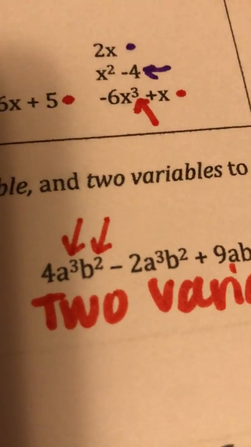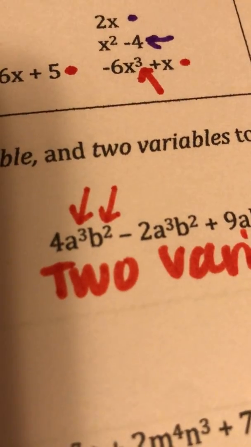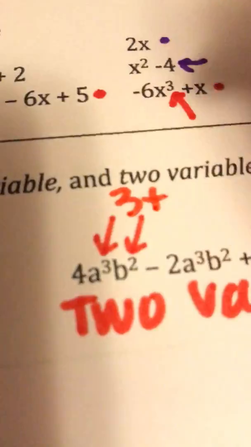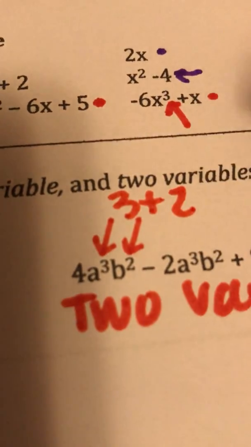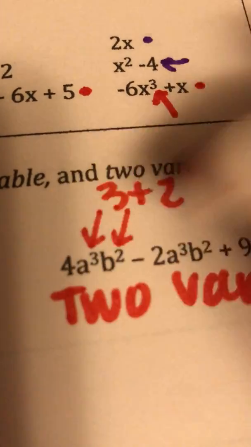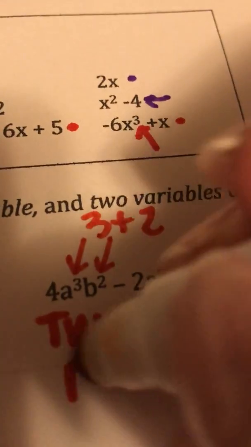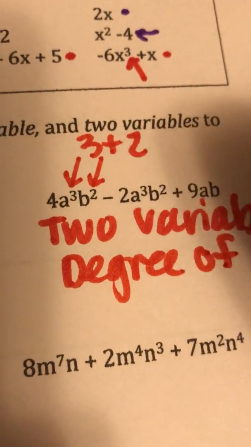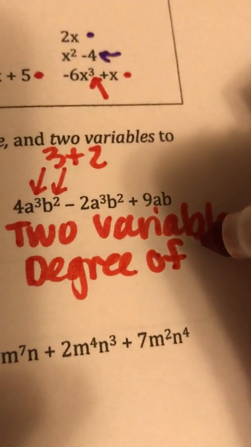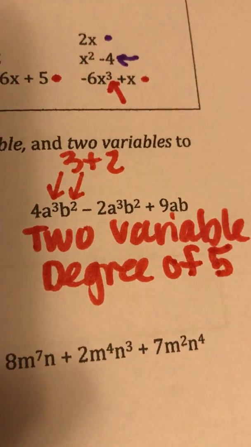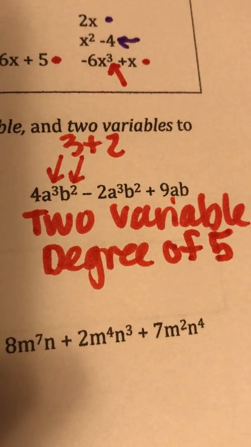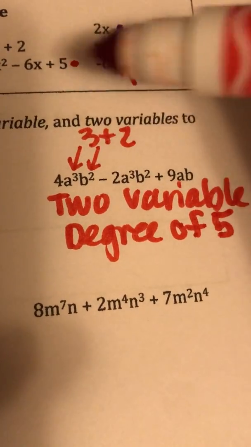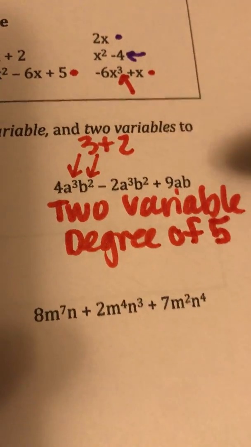So if we look here, we have a cubed, and we have b squared. So if we add these together, 3 plus 2, then this polynomial has a degree of 3 plus 2, which is 5. Okay. All right, so degree of 5, which means it's not linear, quadratic, or cubic.